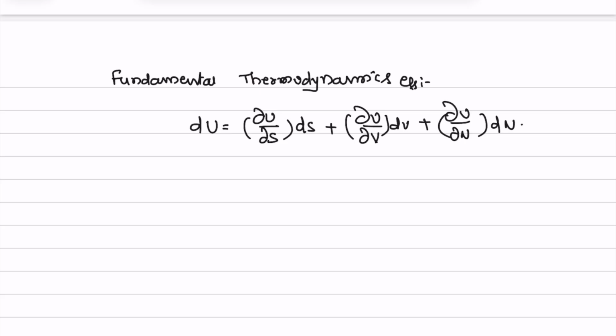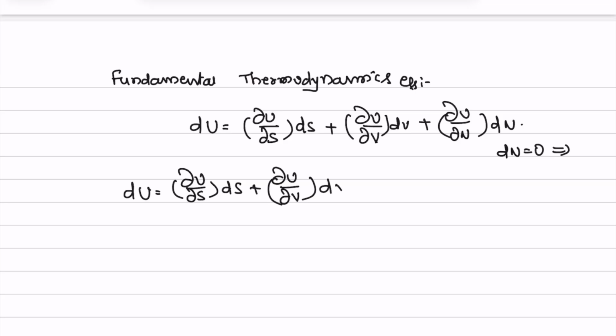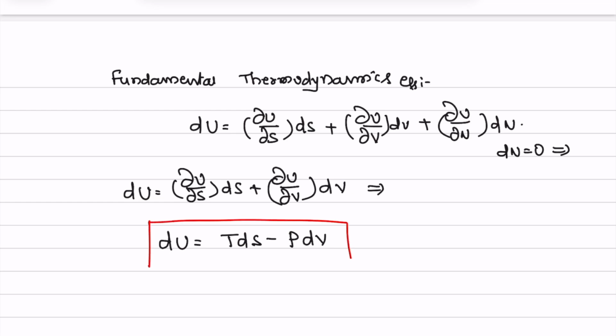If mass transfer is 0, if dn is equal to 0, that implies dU is equal to dou U by dou S into dS plus dou U by dou V into dV. That implies dU is equal to TdS minus PdV. This is the most important equation, the simplified fundamental equation of thermodynamics. On the basis of this, we got all the other equations for different processes.